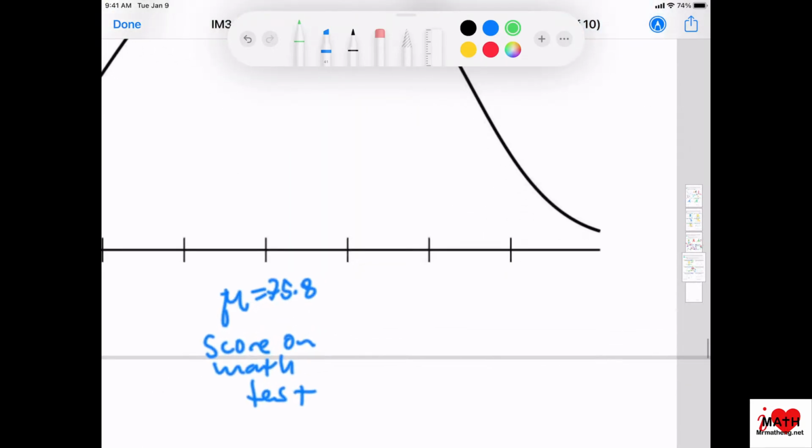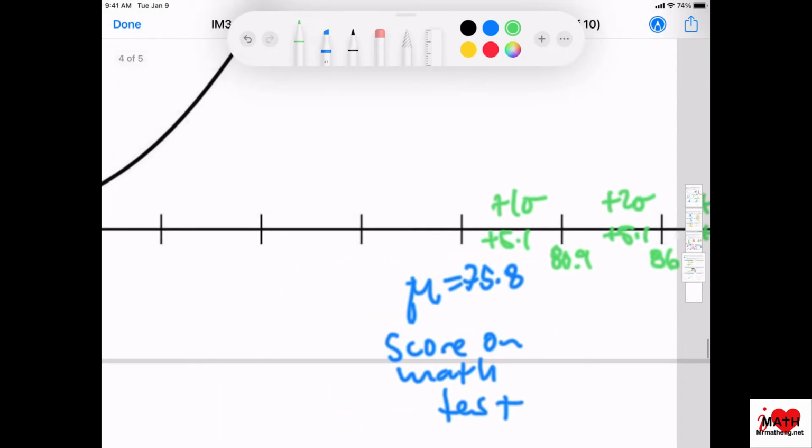Okay, let's just go towards the right. This is 1 standard deviation, which means I'm just going to add 5.1, and this will give us 80.9. If you add 2 standard deviations, or adding 2 5.1s to 75.8, you will get 86. And 3 standard deviations, which is adding 5.1 3 times to 75.8, you will get 91.1.